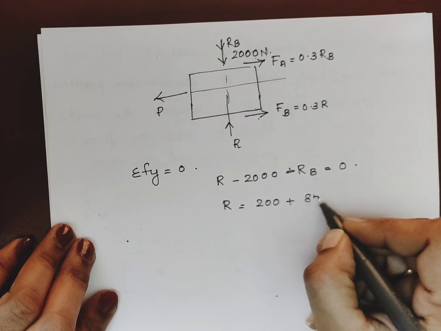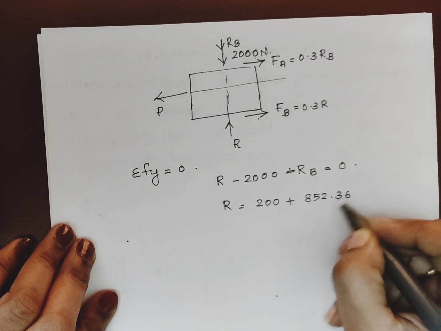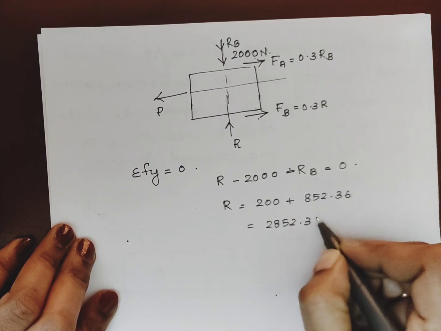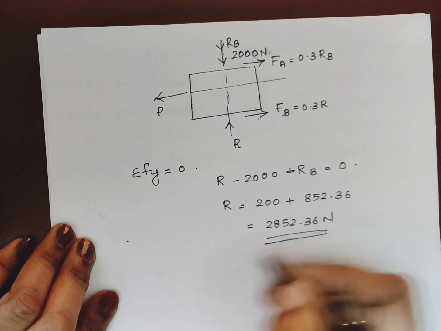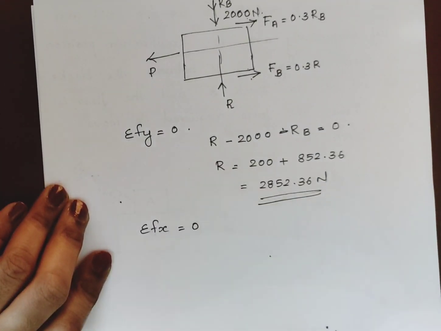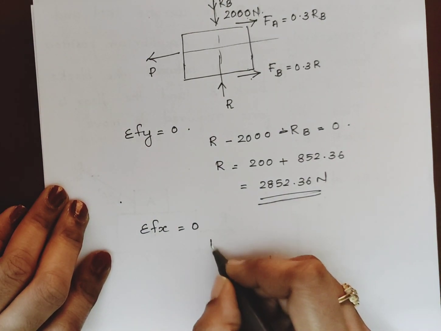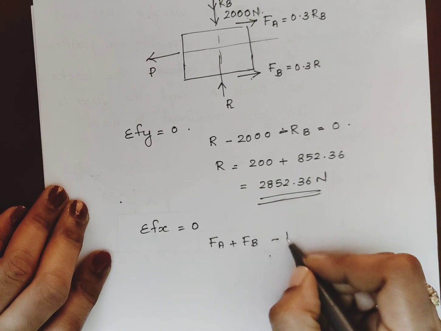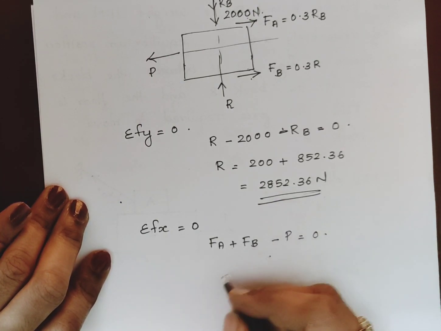So RB is 852.36. So that is equal to 2852.36 Newton. Second equation is sigma Fx is equal to 0. So Fa plus Fb minus P is equal to 0.